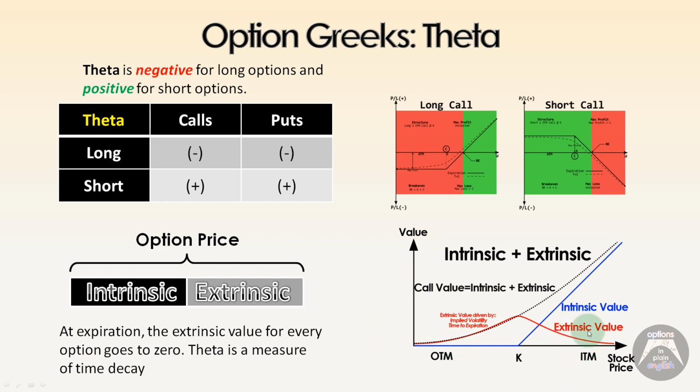In terms of extrinsic value, the curve is very symmetrical. In this case, theta measures how this dashed or dotted line is going to start going down and moving until it reaches the solid blue line, which is what you have at expiration, only intrinsic value.